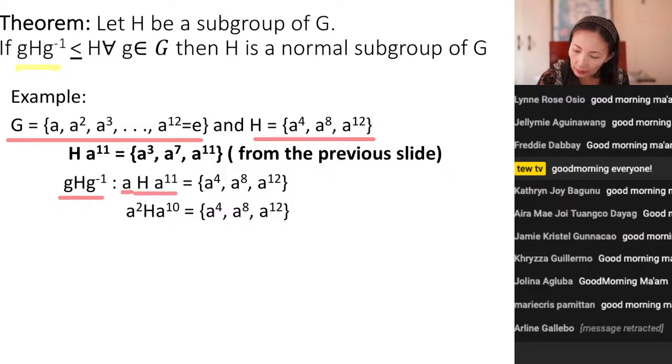Again, 1 plus 11 is equal to 12. And it should be equal to H. When the answer is equal to H, then H is a normal subgroup of G.